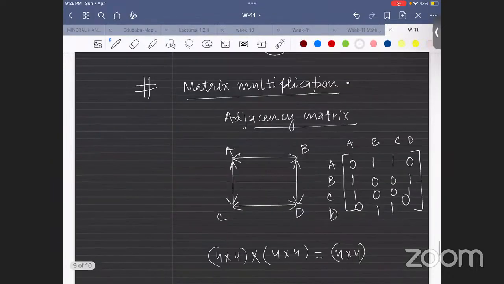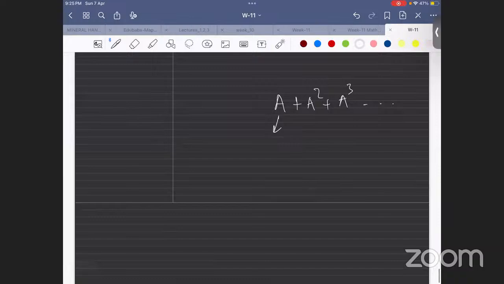In A there will be a direct connection. In A square you will have all the reachability of length 2 in the adjacency matrix. Here it will be for length 3, length 4. So similarly you'll just add them to get the final version, right?